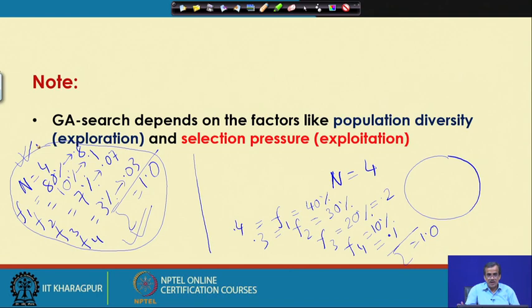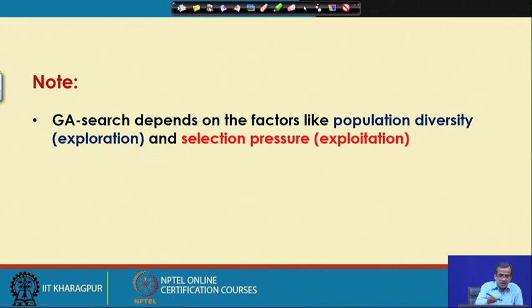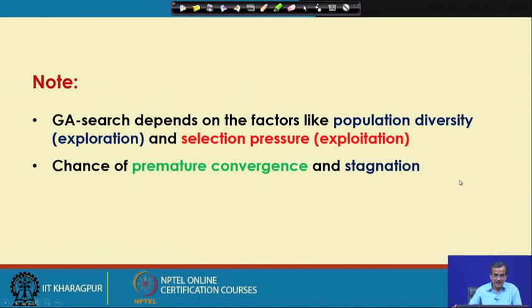Just to summarize whatever I discussed, if I use proportionate selection or roulette selection, there will be a chance of premature convergence. Now, to overcome that, we take the help of another proportionate scheme, that is called the ranking scheme.